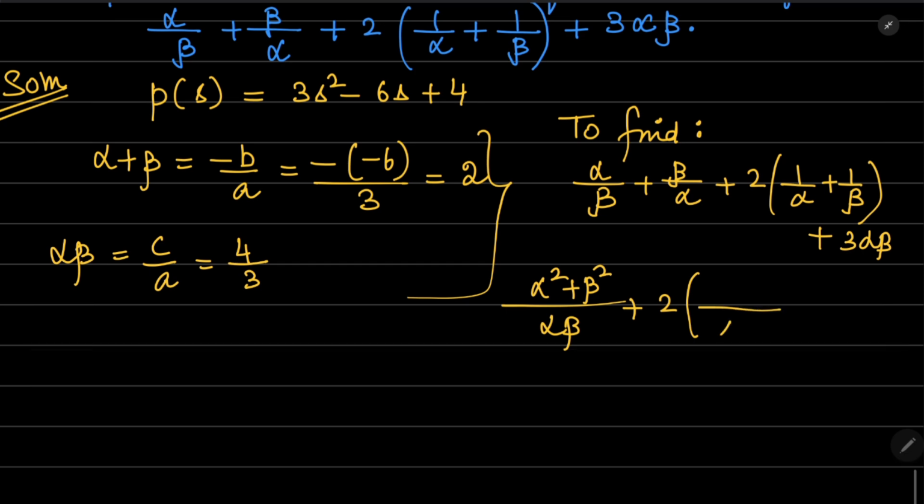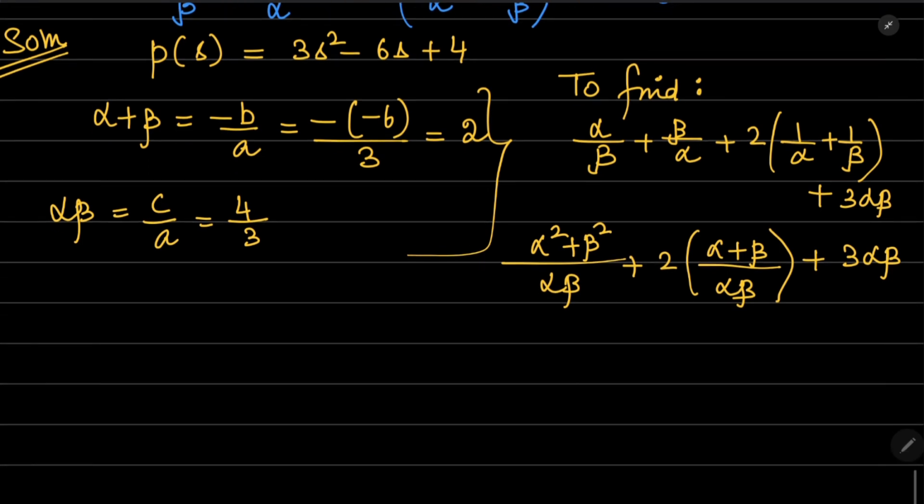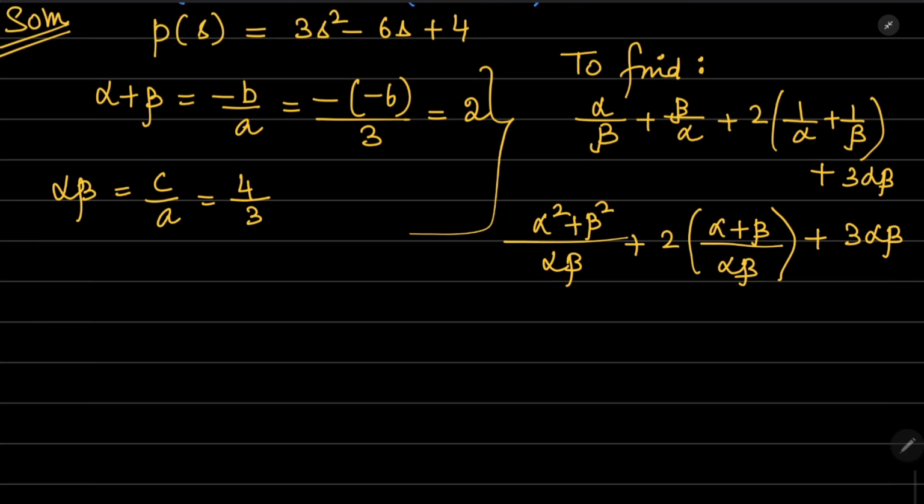take the LCM. LCM is alpha beta. So here what I'm doing is this one: 1 by alpha plus 1 by beta. The LCM is alpha beta. So in the numerator, you will have alpha plus beta, plus 3 alpha beta. Now, I just told you the formula for alpha square plus beta square in the previous question.